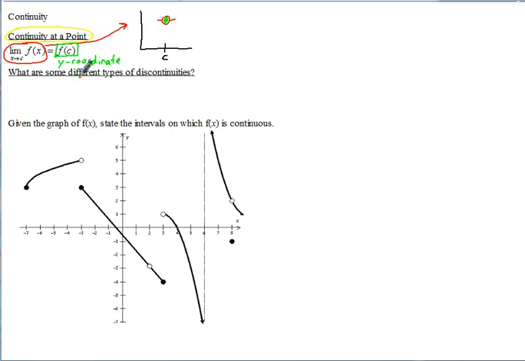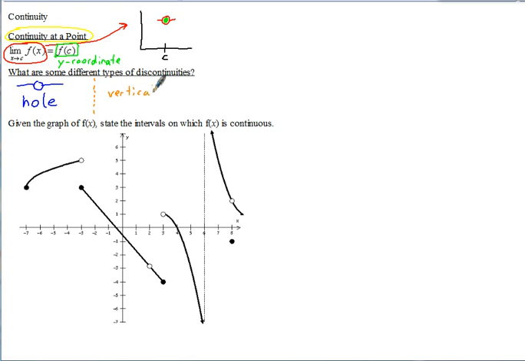Now let's look at some different types of discontinuities, things that make the function discontinuous. So one example is a hole. That means it's not all connected. So discontinuous is anything that makes the function not all connected and continuous. Another type of discontinuity is vertical asymptotes.